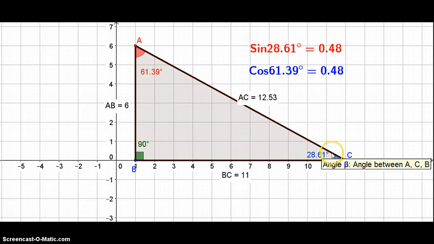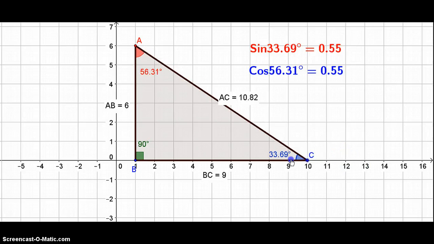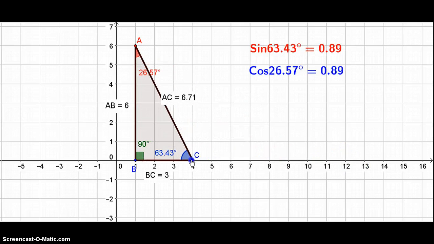And this is very, very true for all right angle triangles, that for the two acute angles, if you take the sine of one and the cos of the other, because the two of them add up to 90, it will always give you the same value. So that is the proof of the fact that anytime you have sine of an angle and cos of an angle and the two angles add up to 90, their value will always remain the same.